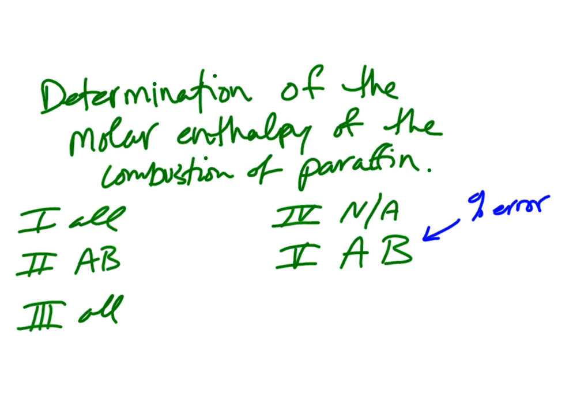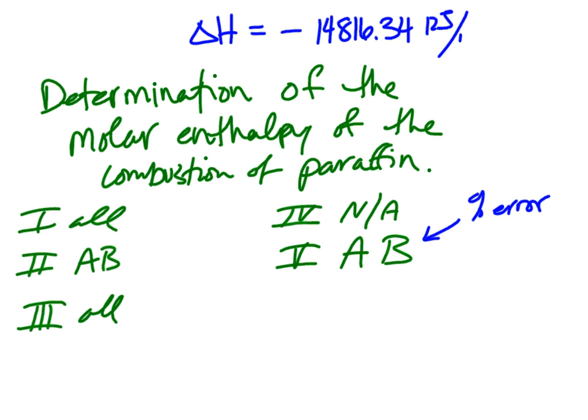I'm telling you right now, the actual molar enthalpy, the literature value, of the combustion of paraffin, delta H, is going to be equal to negative 14,816.34 kilojoules per mole of the reaction.